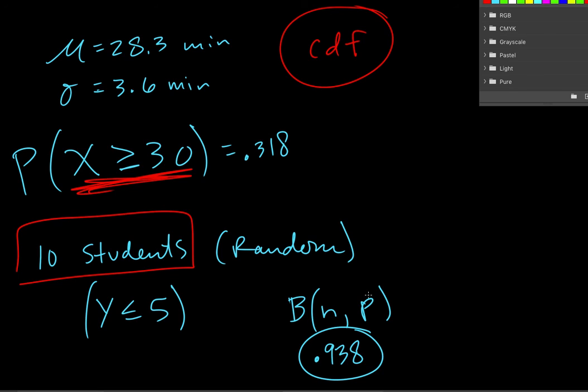And once again, if it's a range of values, like less than or greater than, then we use CDF. PDF is when we're looking at a specific place. We're looking at one value. If this said y equals 5, we would use a PDF instead.